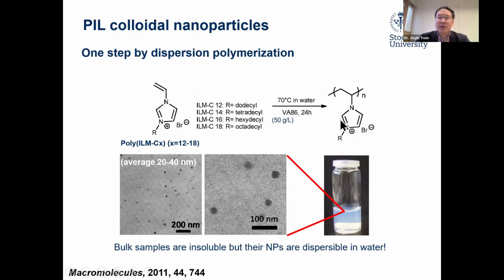And this creates a very unique situation where you could process the polymers in aqueous media, which is green. And once you process them into the final dry materials, they are water resistant and can be stable against water, right? This is very good for some outdoor applications, for example, coatings.